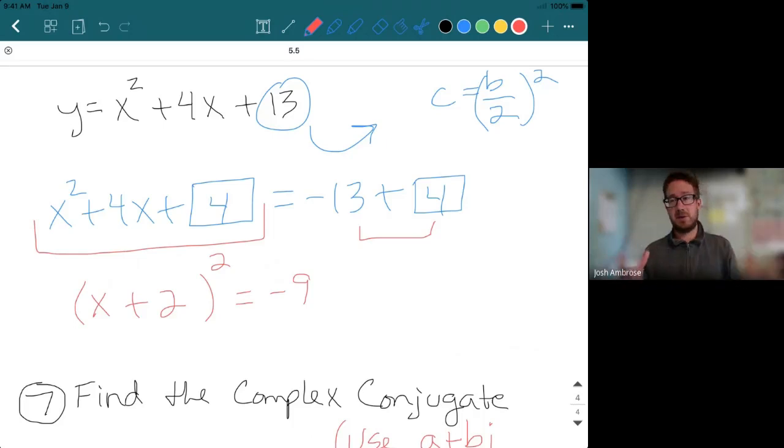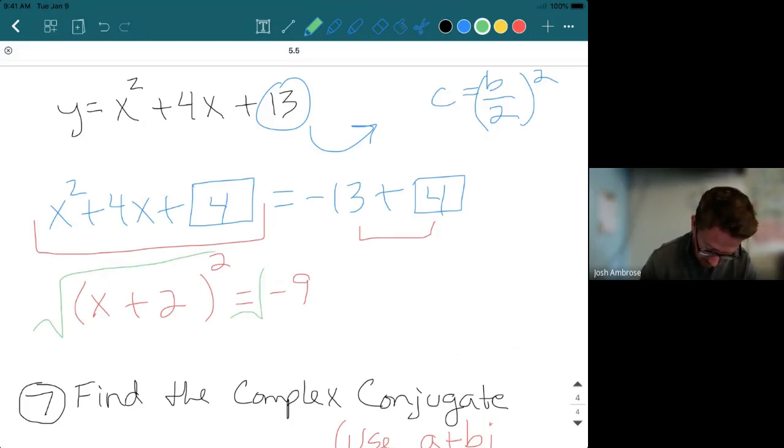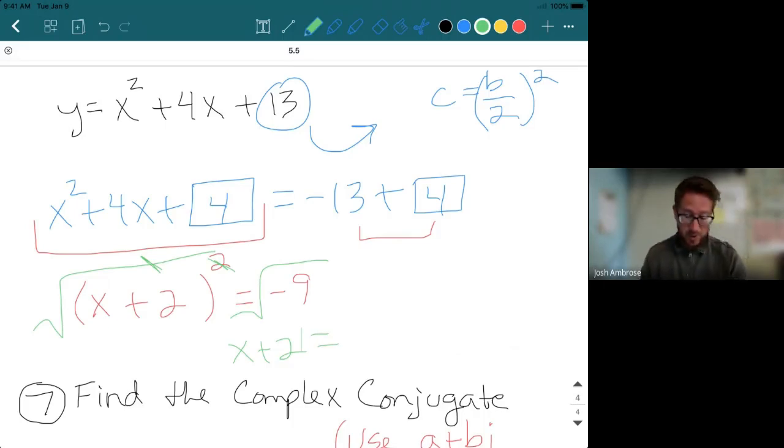I'm going to be taking a square root and pulling out an i. So let's get rid of the square. That's going to go away, leaving us with x plus 2 equals, and the square root of -9, pull out the negative, that is i, and then 3, there's going to be a plus or minus.